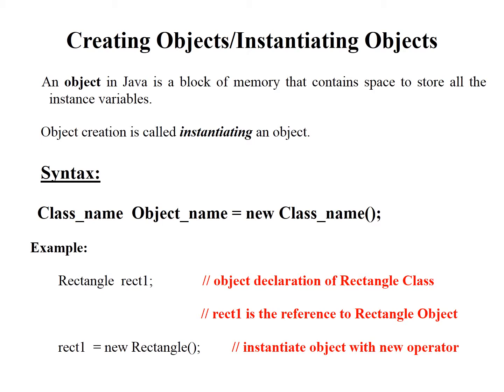Therefore, we say that classes are reference data types and also user defined data types. Here, the variable is the object and the data type is the name of the class. Therefore, we say that objects are variables of the type class, or classes are user defined data types.